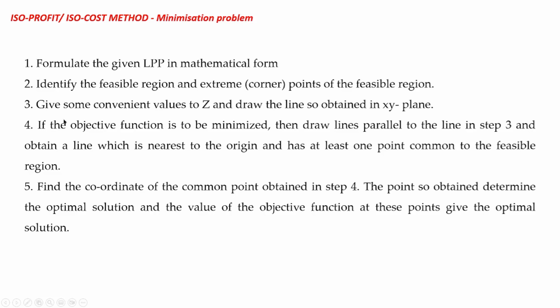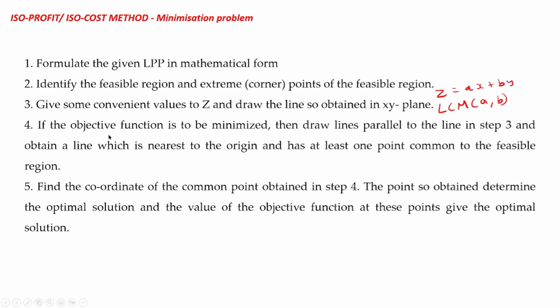The third step is to give some convenient values to z and draw the line so obtained in the xy plane. If we have z as ax plus by, it is easy if we give the value of z as LCM of a comma b, that is the coefficient of x and coefficient of y, or we can give a multiple of the LCM of a comma b based on the scale that we take.